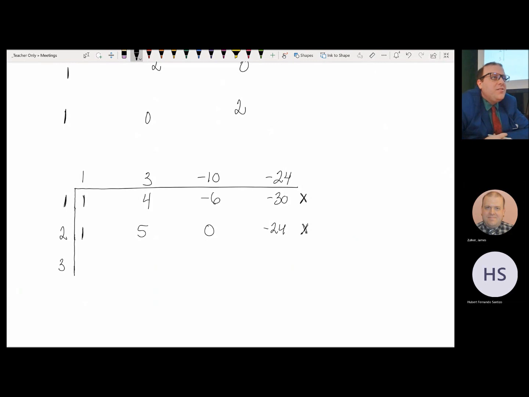So now check 3. 1 times 3 plus 3 times 3, minus 10 times 3, minus 24 is 0. 3 is a 0. So I'm going to box this.